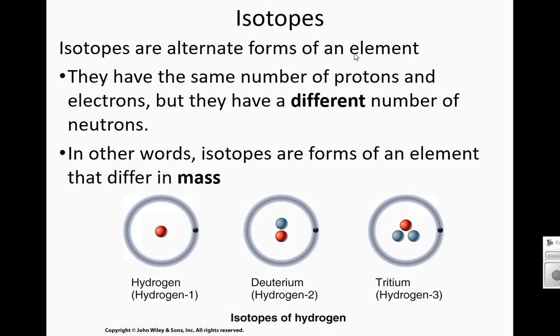What we mean is that they're going to have a different number of neutrons. For example, down here at the bottom, we see 3 different forms of hydrogen. The most common form of hydrogen is this one, hydrogen 1, or what's called protium.